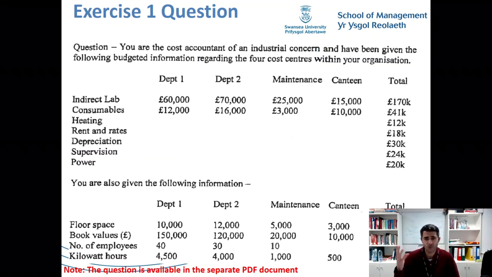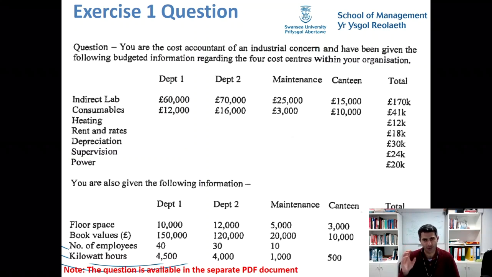So far we know that we have 2 production departments, 2 non-production departments, and 7 overheads. What's missing? The only thing missing is the basis, and you can see it at the bottom of the question, including floor area, net book value, number of employees, and kilowatt hours. These we call the basis.